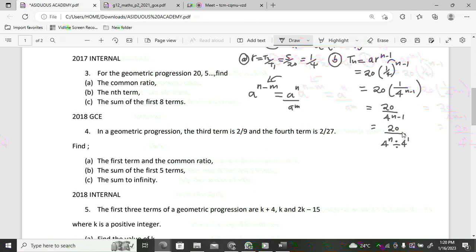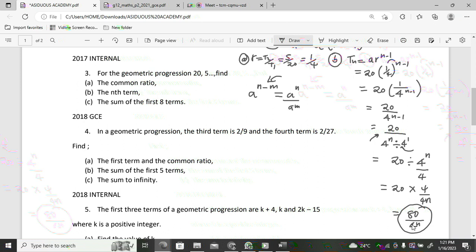That's the meaning, because we had 4 to the power n minus 1, meaning the same base subtracting. I can again write this as 20 over 4 to the power n, and then this divided by 4. We can change this into 20 times 4 over 4 to the power n. So we'll multiply 20 times 4, which is 80, over 4 to the power n.